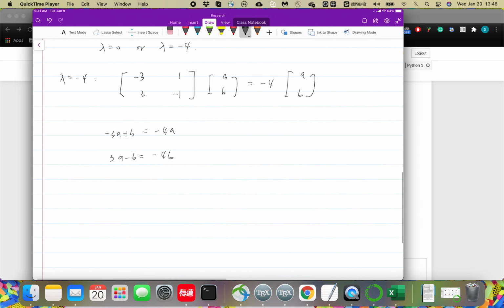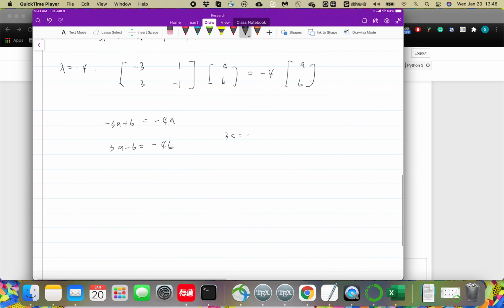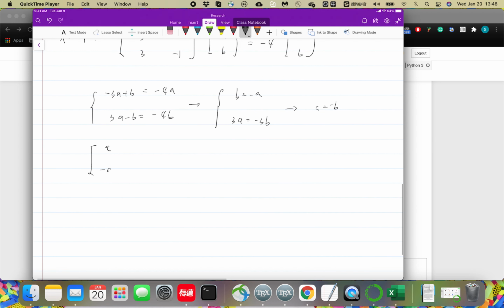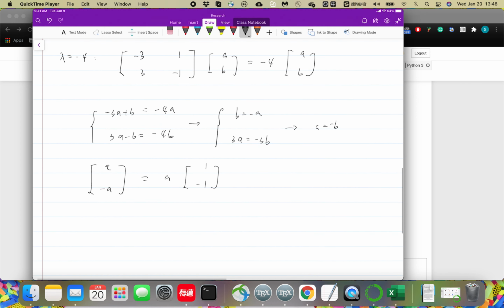All right, both of them give you 3a equals -3b. So both give you a equals -b or b equals -a. So what we have is a, -a, which is a times 1, -1. So this will be the first eigenvector corresponding to lambda equals -4.